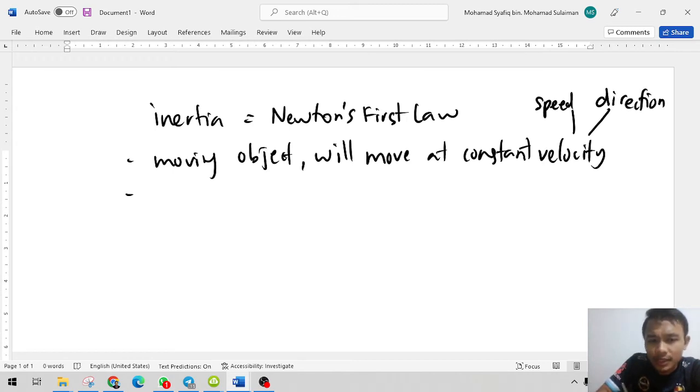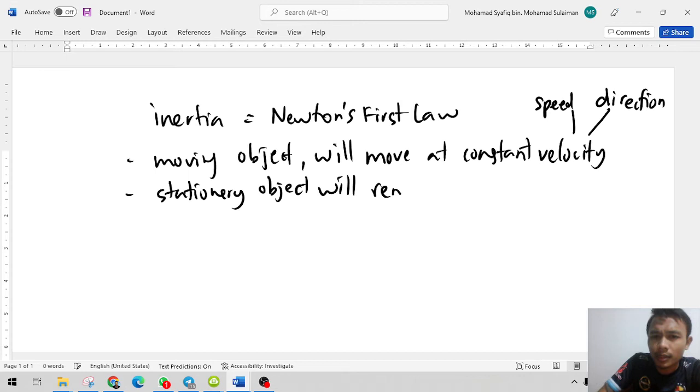Or if the object is at rest, so a stationary object, will remain stationary. I don't know whether I'm spelling stationary correctly.